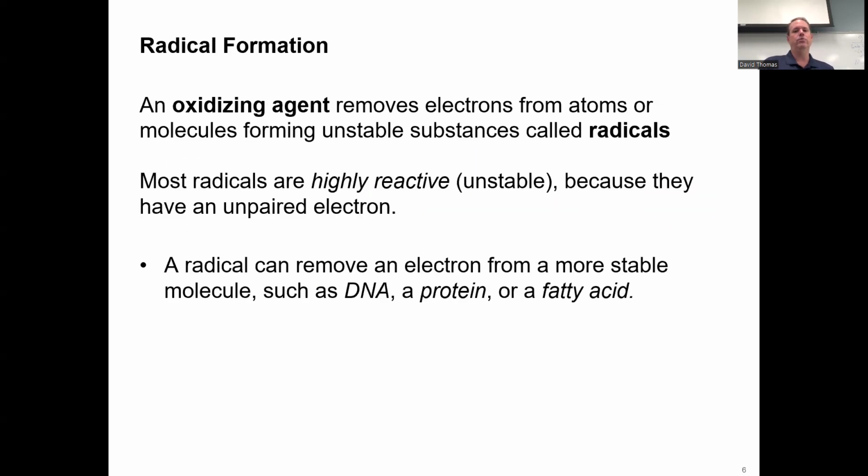We're going to talk about that word as well, but a radical is basically something that has the ability to remove or disrupt the electrons in particular atoms. It goes down to the atomic level. Any type of oxidizing agent, as it says here.